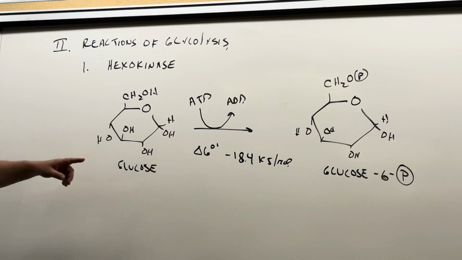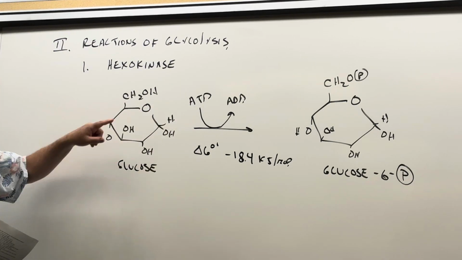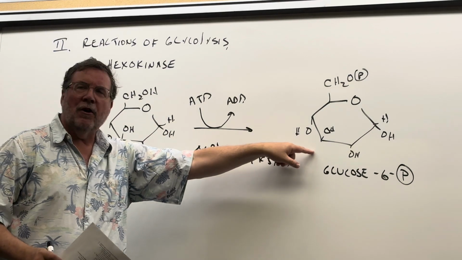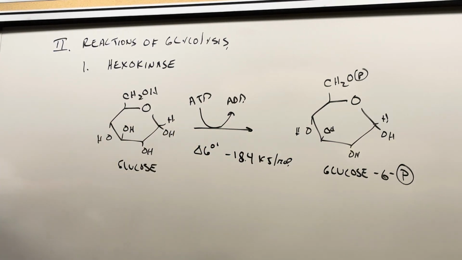So if we have 1 molar ATP, 1 molar glucose, 1 molar glucose 6-phosphate, under standard conditions, this reaction is going to tend to move to the right. It's going to be favored.